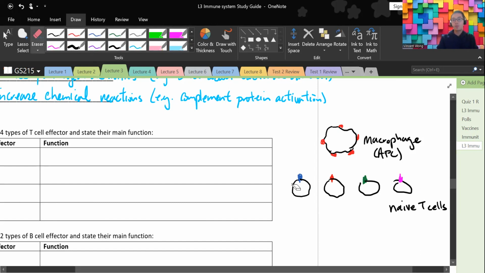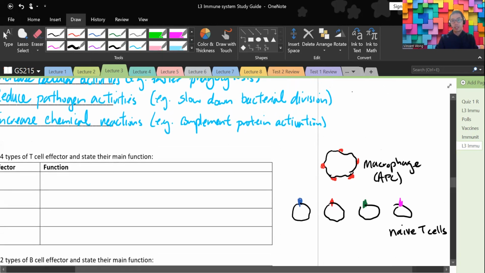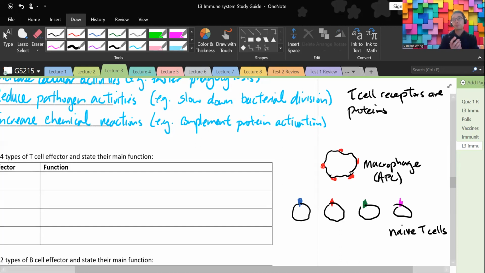And each of these receptors are actually proteins, right? So the T cell receptors are proteins. Okay, and we generate them using genetic shuffling.